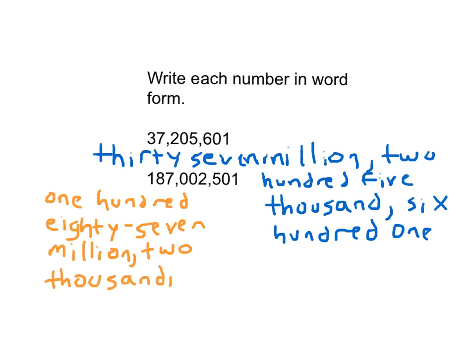Another comma, and then the last period, the ones period, it says 501. So you write it out, 501. Looking at that again, 187 million, 2,501. 187,002,501.